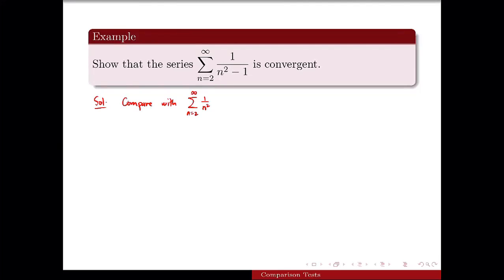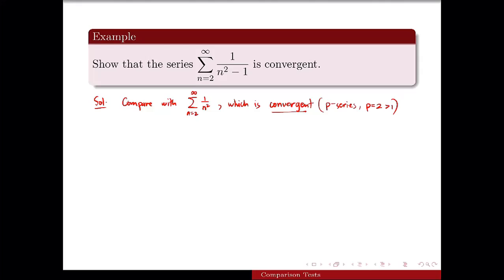Anyway, for this, we are starting from 2. Compare with this, which is convergent. Take note of that, which is convergent because it's a P series with P equals 2 greater than 1.